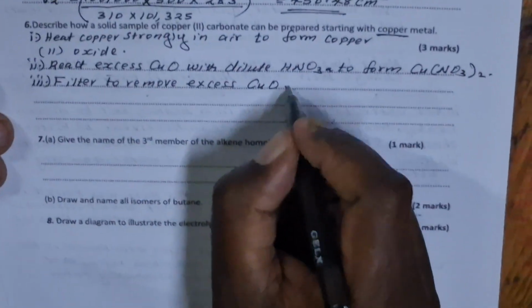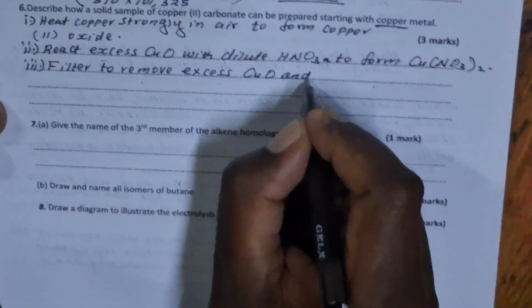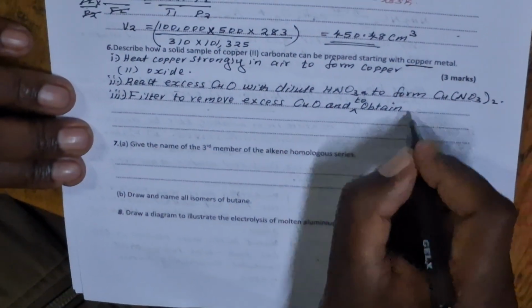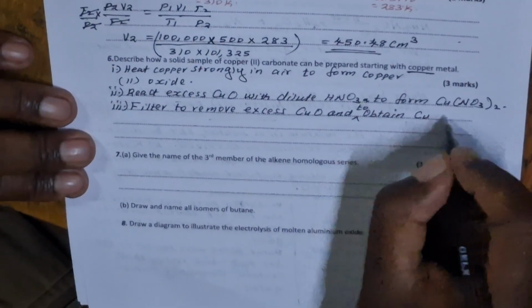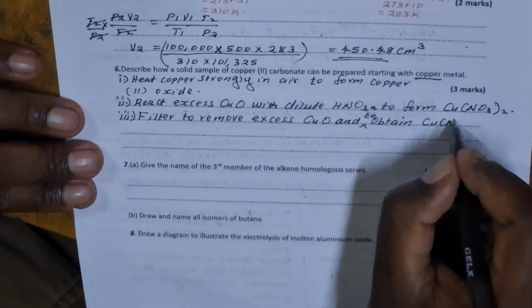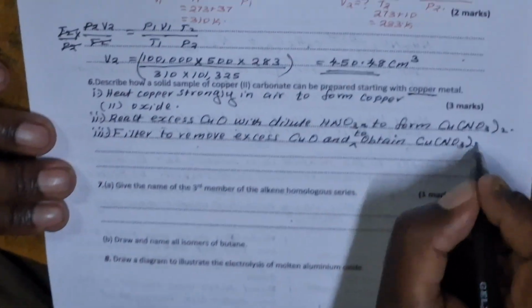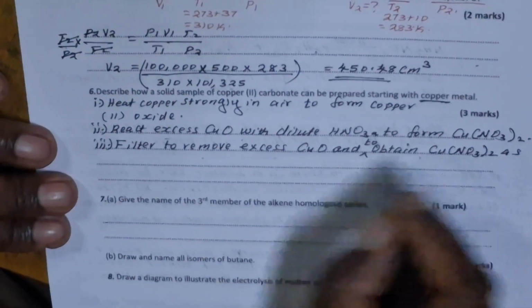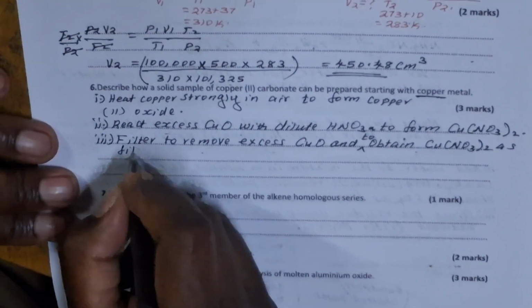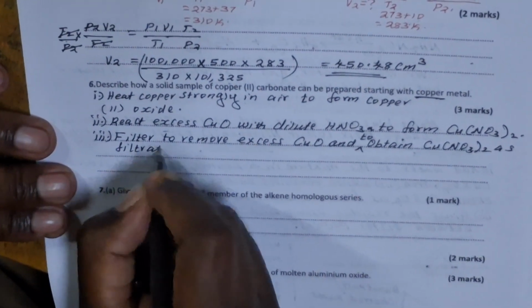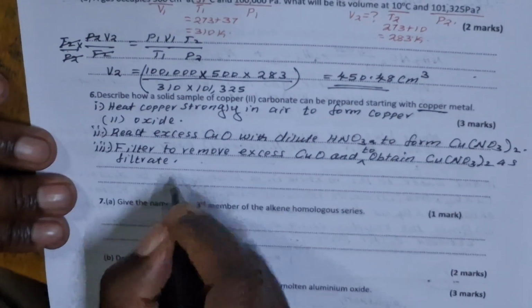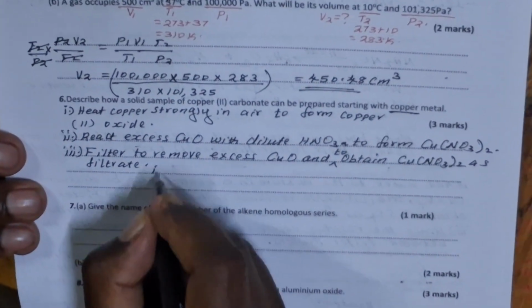So you can say filter and obtain copper 2 nitrate as filtrate. Okay, we have obtained the filtrate. What do you do in the next step?